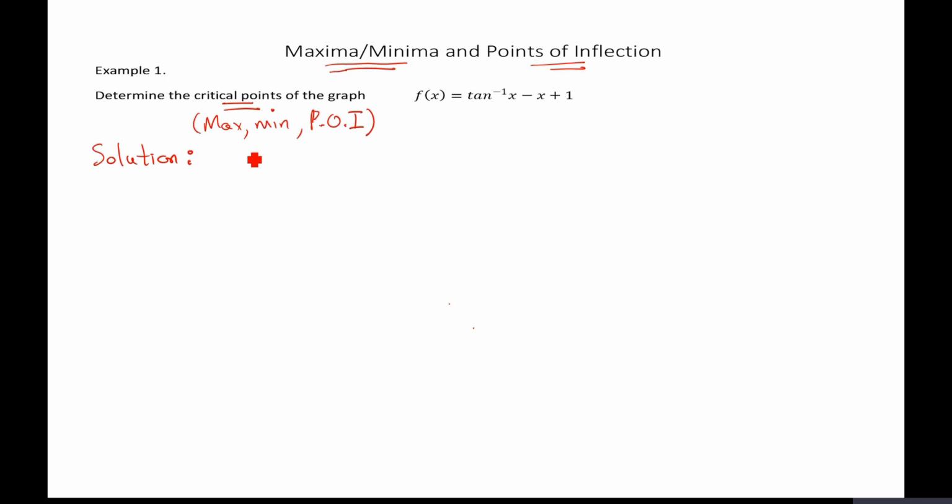f of x is equal to arctan of x minus x plus 1. Now, I just want to highlight how important it is that you know your previous mathematics. We are integrating critical points and inverse trig, inverse hyperbolic.